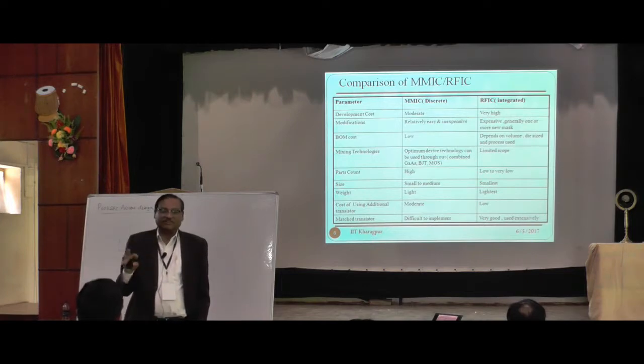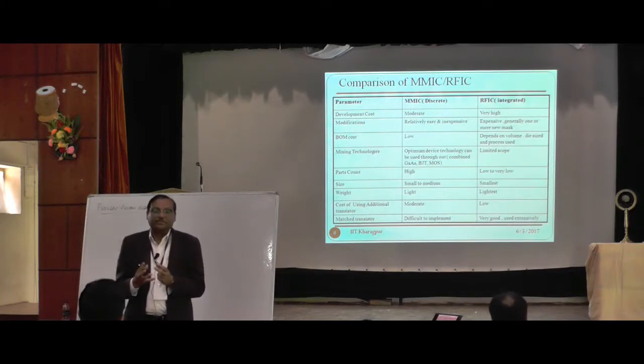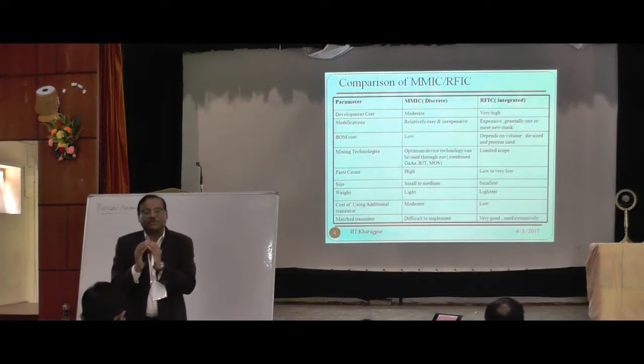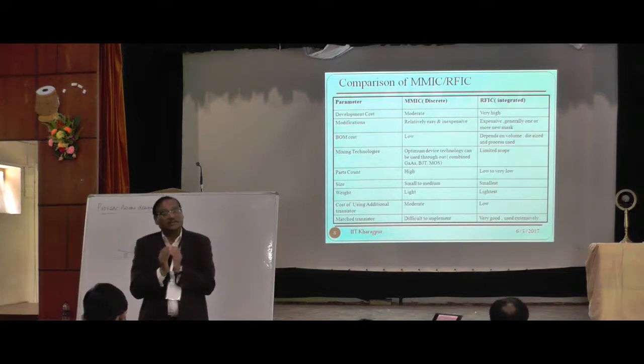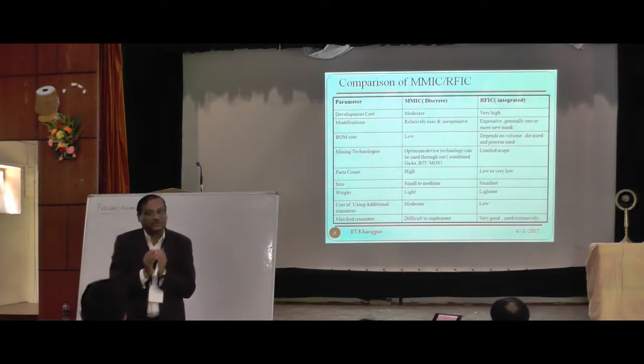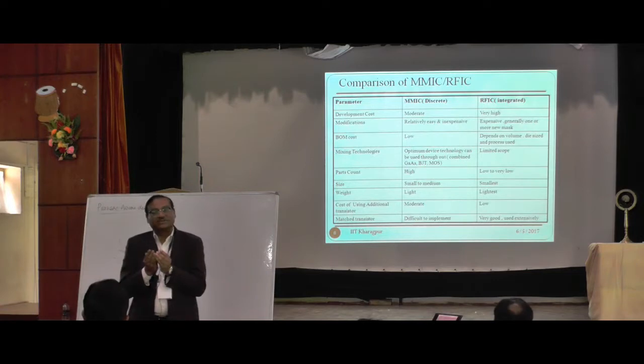Both are at the discrete level, but those are packaged on a high resistivity PCB, integrated, and then it is packaged in such a way that it looks like a single chip. But it is not a single chip solution, it's a multi-chip solution integrated in a package. Sometimes LTCC packaging or those kinds of packaging are used.